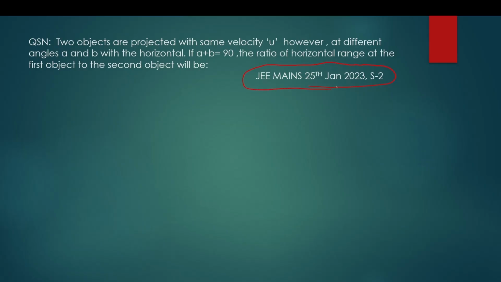So we know that range R equals u square sine 2 theta by g. Now for the first object at angle a, R_A equals u square sine 2a by g.